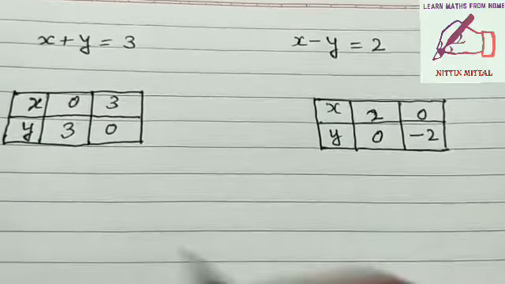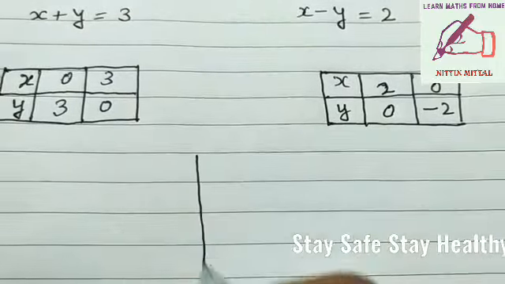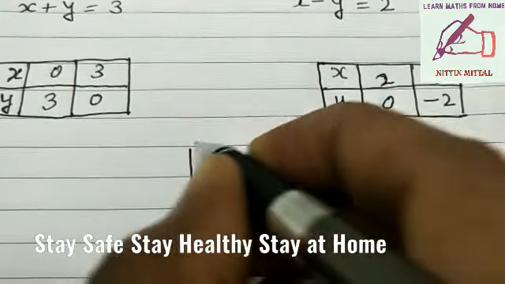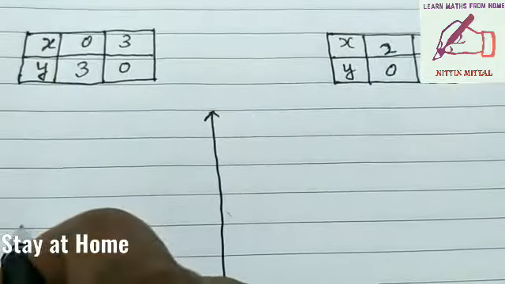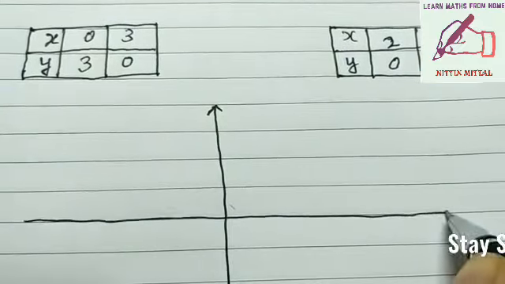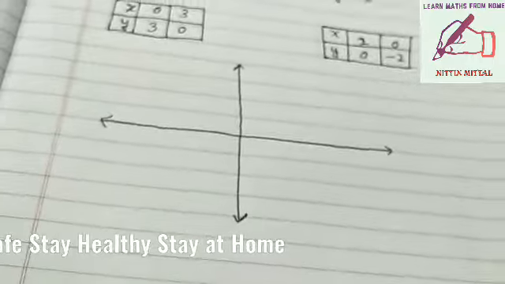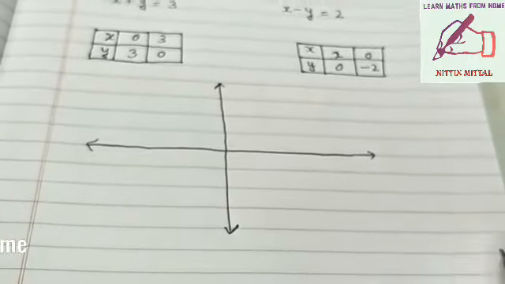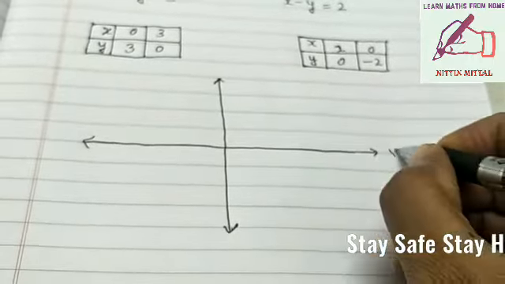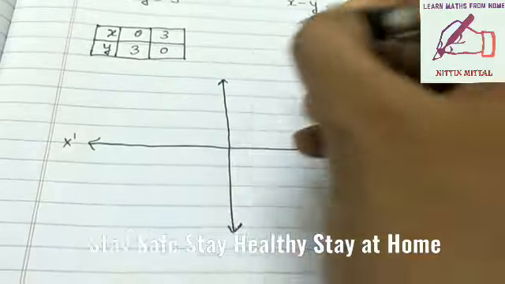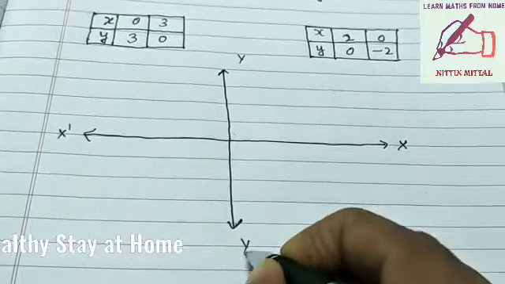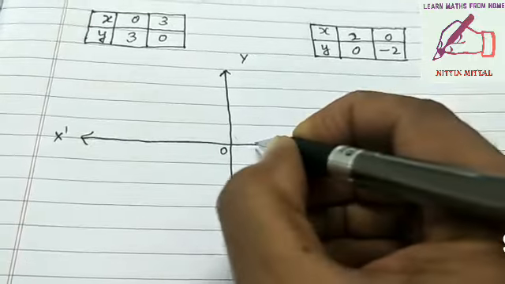You are supposed to plot it on graph. You have to use graph paper. I am doing it on a one-line copy to make you understand, but the same thing you have to do on graph paper. So we will draw the Cartesian plane. So this is the x-axis, here is the y-axis, origin.